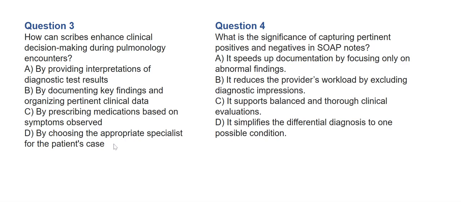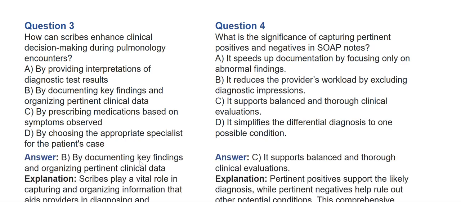The answer would be B, by documenting key findings and organizing pertinent clinical data. Scribes play a vital role in capturing and organizing information that aids providers in diagnosing and managing respiratory conditions effectively. They ensure that all relevant data are readily available for decision making.